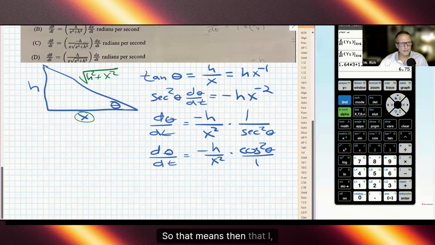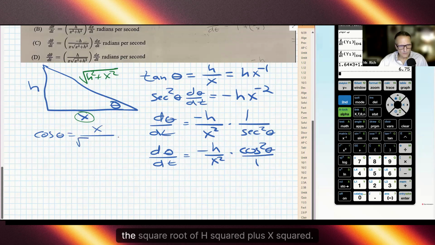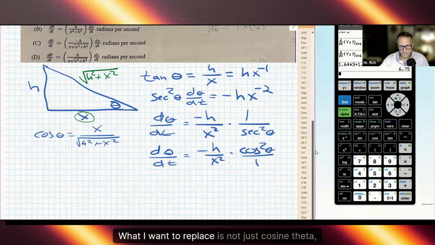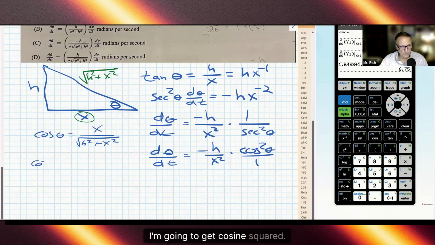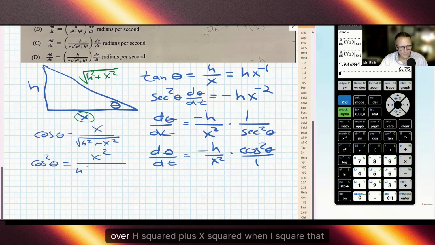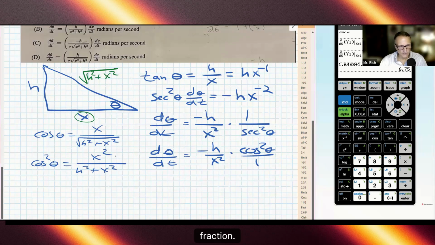So that means I can really write cosine theta as x over the square root of h squared plus x squared. Now, what I want to replace is not just cosine theta, but cosine squared. So before I substitute it, I'm going to get cosine squared. That would be x squared over h squared plus x squared when I square that fraction.